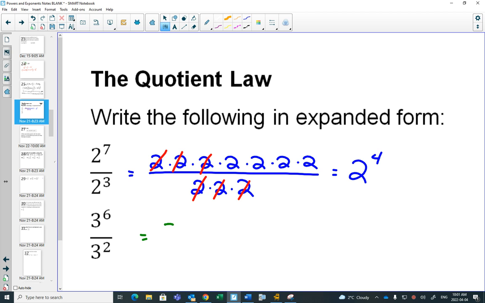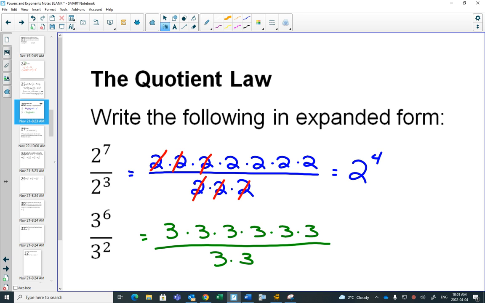So if we wrote it in expanded form, we'd have, and then, of course, 3 divided by 3 is 1, so choo, choo, choo, choo, those would cancel out. And we're left with 3 to the exponent of 4.